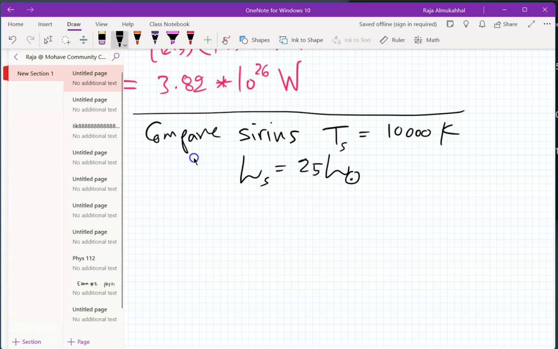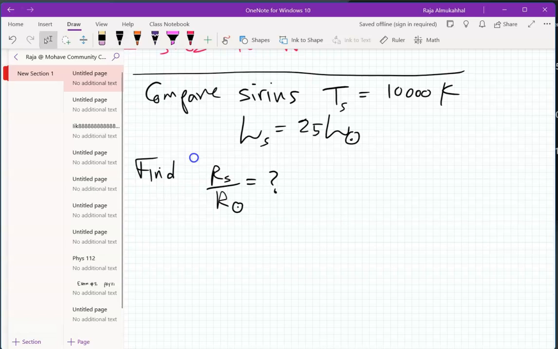So we want to know what is the radius. Basically what he wants is to find R sub S over R solar: the ratio of the radius of Sirius in comparison to the radius of the sun.